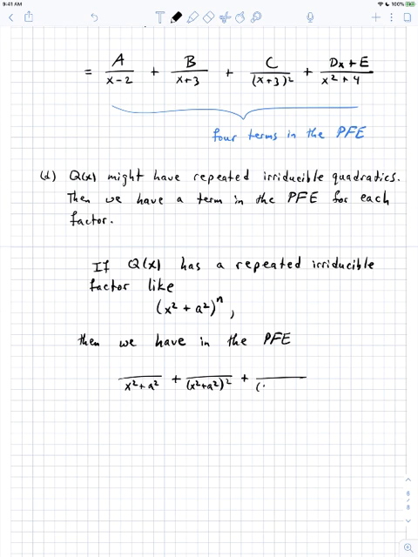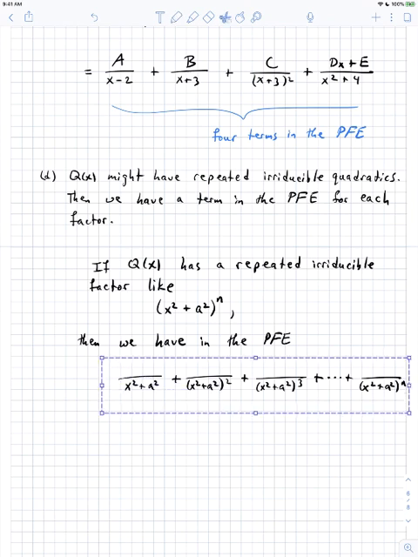Then the next denominator will be x squared plus a squared cubed, and you keep going until you get to n. So it's x squared plus a squared to the n, just like when we had repeated linear factors.